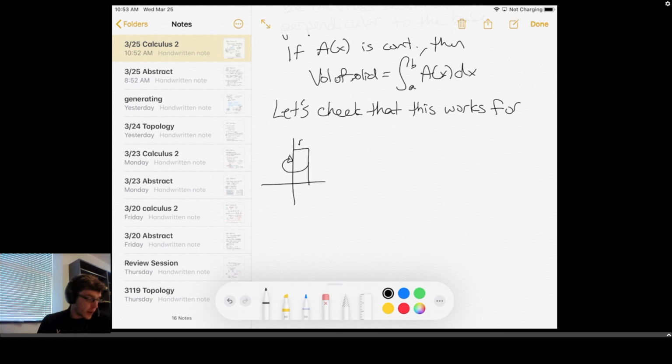So yeah, let's check that this works for like a rectangular box. So I'll just erase this. We'll just do a box, a square box. Or a rectangular one, yeah, I just want a square base because that's the easiest thing for me to draw. So how about a rectangular prism with square base?